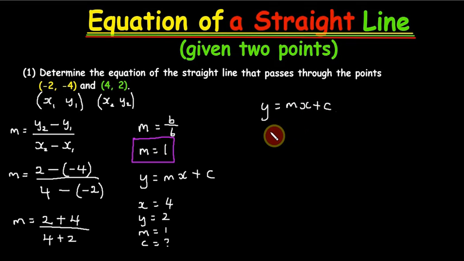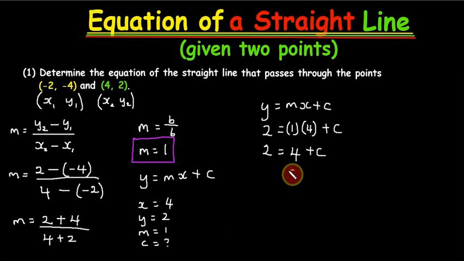Our y is 2, our m is 1, our x is 4, and then we have plus c. So 2 equal to 1 multiplied by 4 will give me 4 plus c. At this point in time, we want to get rid of 4. We want to make this 0.